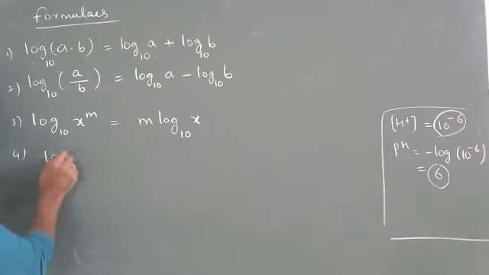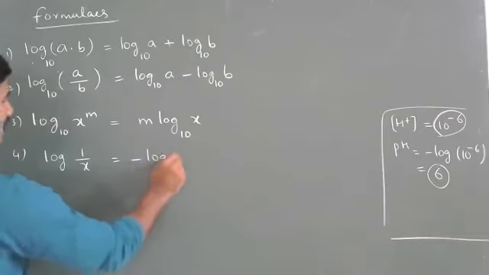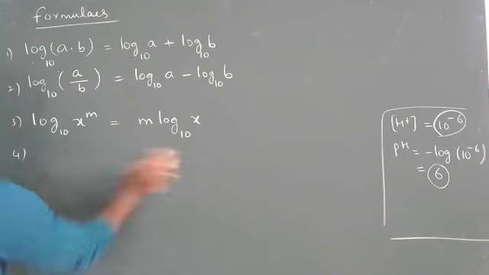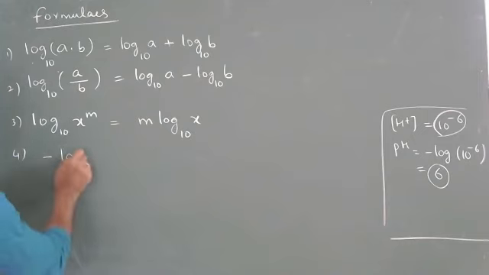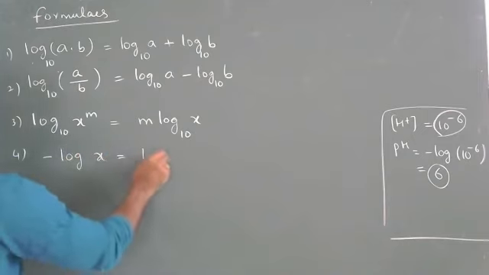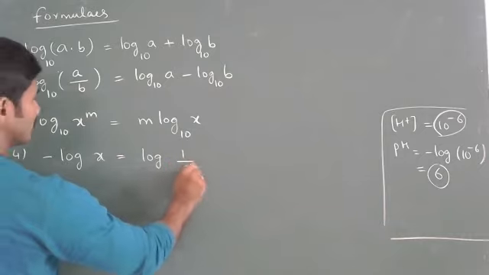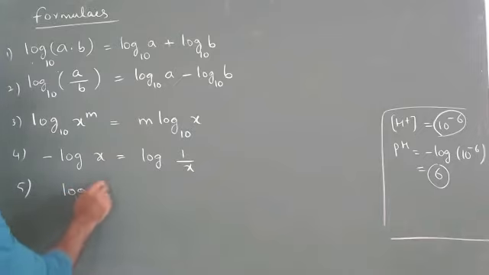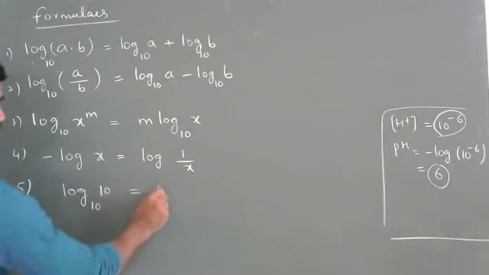Next, log 1 by x is equal to minus log x. Or else I'll write it like this: minus log x is equal to log 1 by x. If you remove the negative sign here, this x becomes reciprocal. Next, log 10 base 10 is equal to 1.